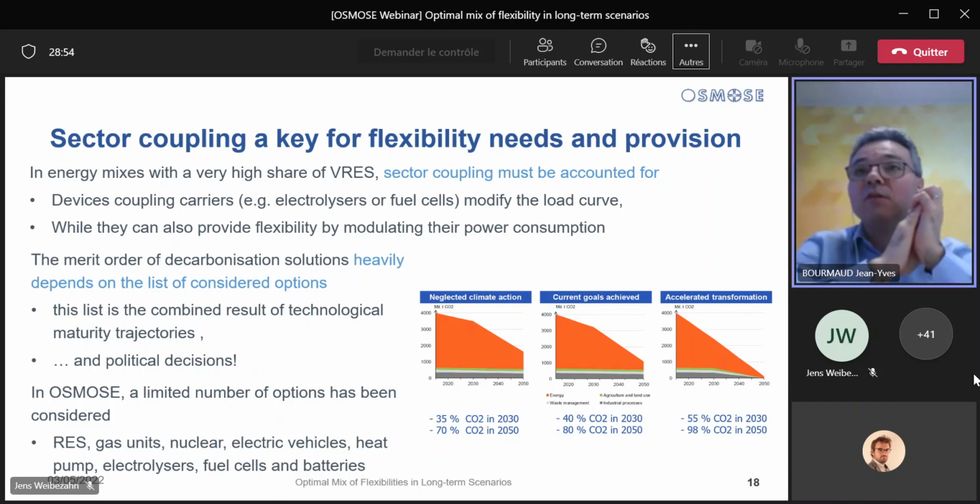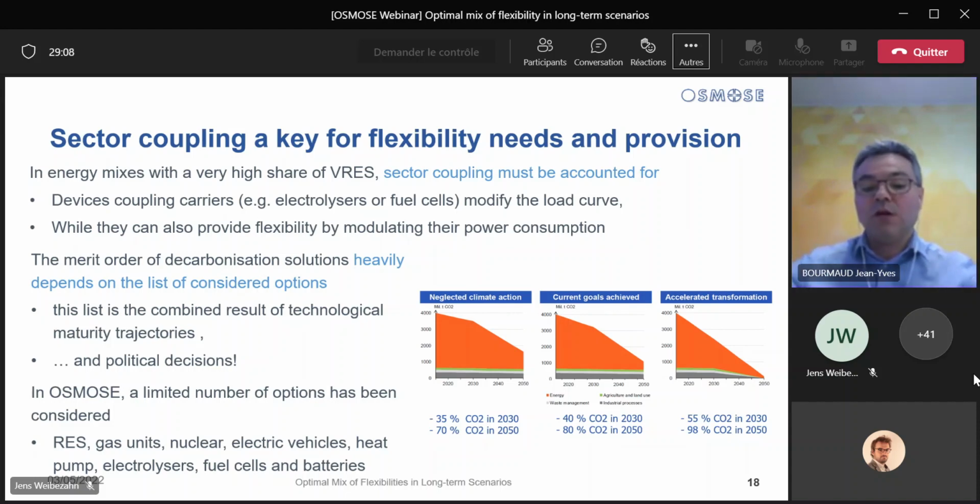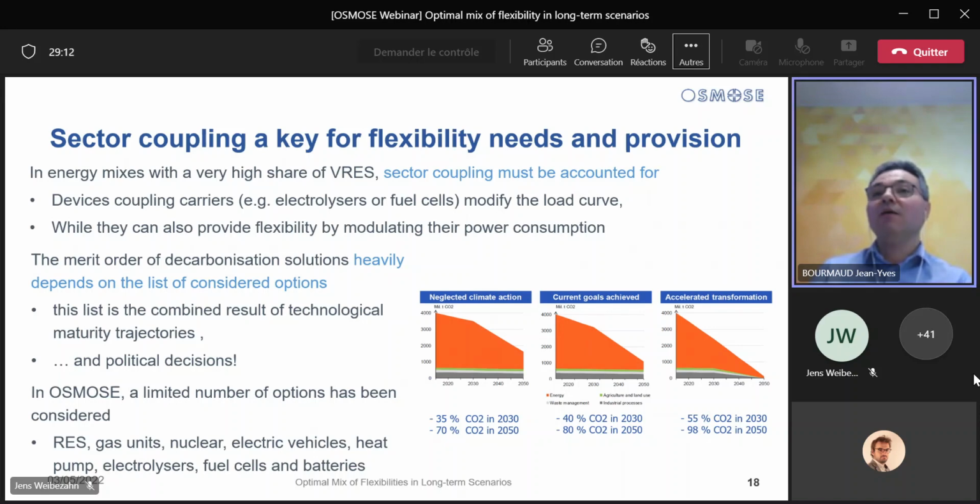And this list is the combined result of technological maturity trajectories on one hand, and political decisions on the other hand. In this work, a limited number of options has been considered, namely RES, gas units, nuclear, electrical vehicles, heat pump, electrolyzers, fuel cells, and batteries.